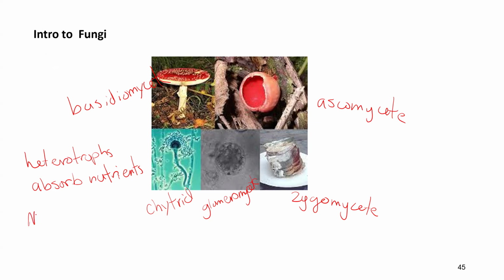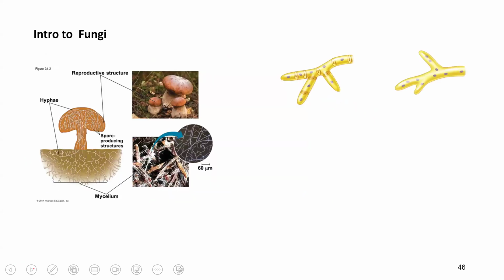Now, we said most fungi, not all, have chitin in their cell walls. And they have a filamentous body plan in terms of hyphae and mycelium. We'll look at that on the next page, I believe. So here I have an example.